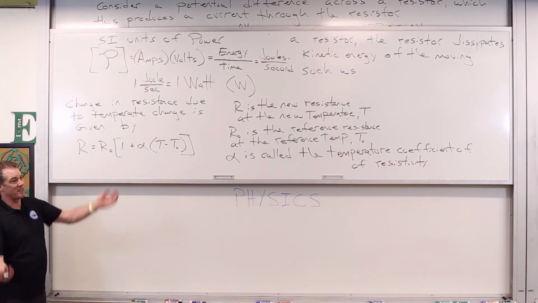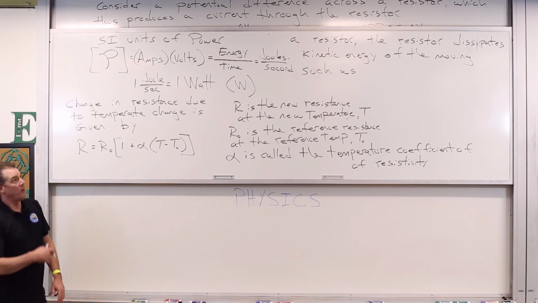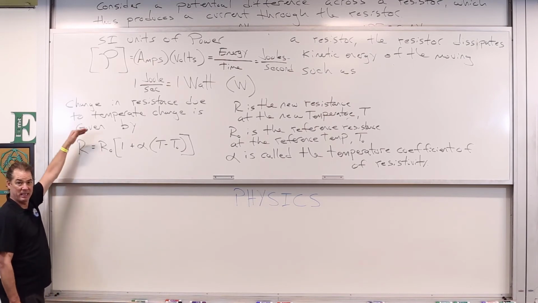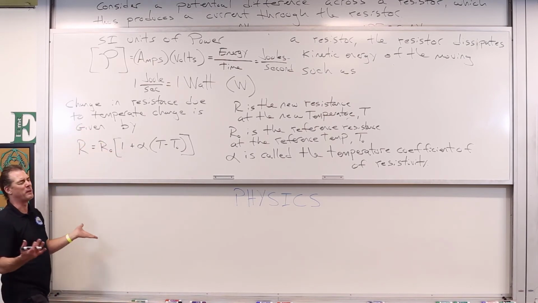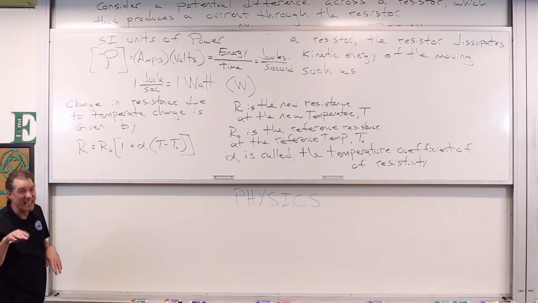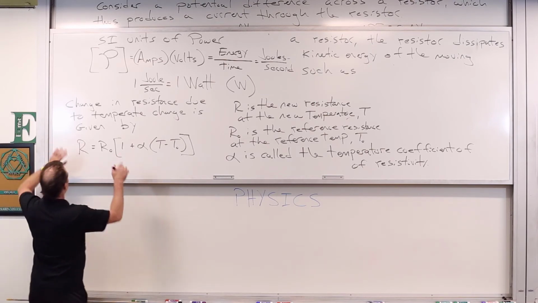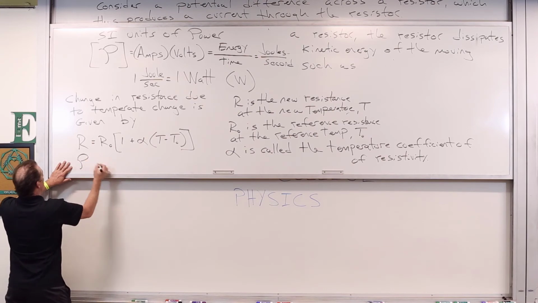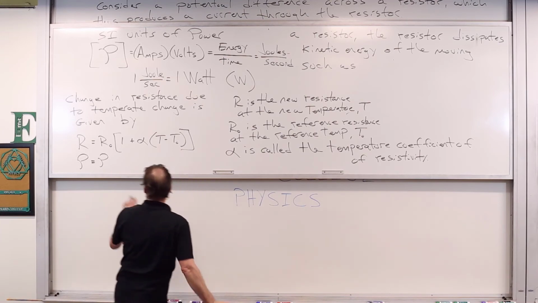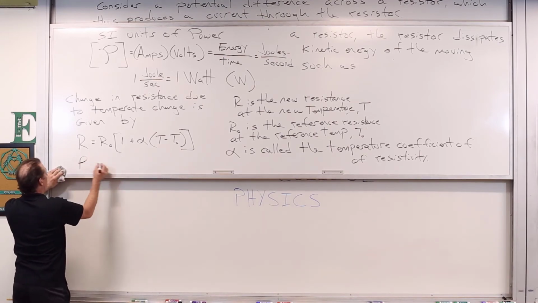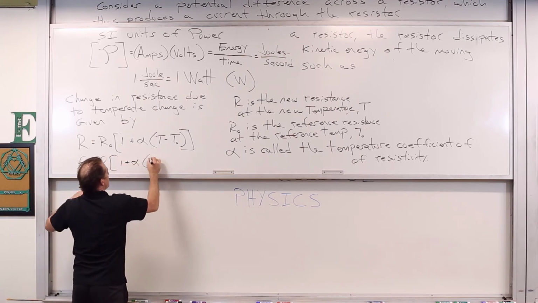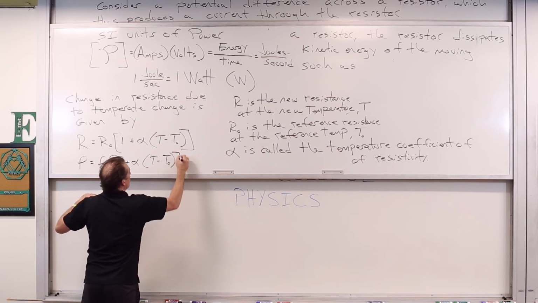Well, because resistance is directly correlated with resistivity, we can replace this and this with resistivity because we have the same L over A, assuming that the spatial dimensions of the resistor don't change, which actually they do a little bit, but this is just a first order approximation. One can also write that rho is equal to rho 0 times 1 plus alpha times T minus T0. That's not P, that's rho, which could be confusing because it looks like P for power.